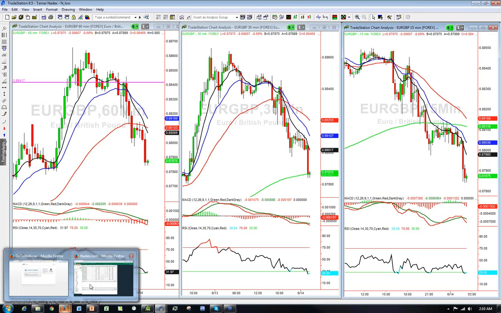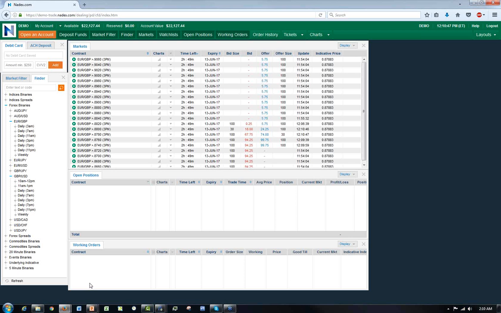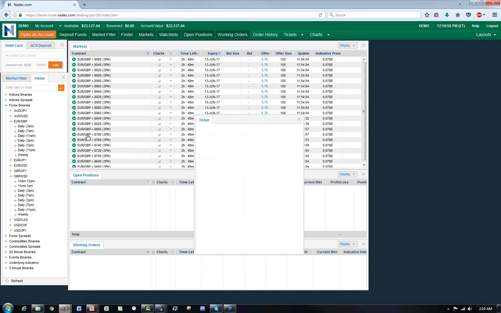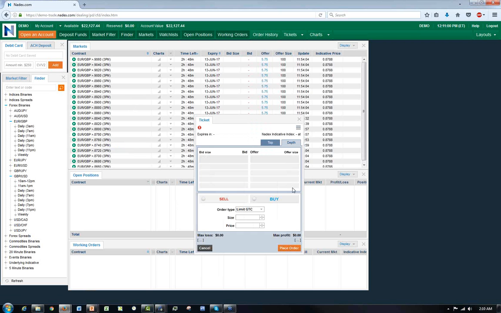So let's take a look. What sort of options do we have in that case? If I want to look at the 87.80, which is approximately where price sits right now, let's open this one. Let's open the ticket.